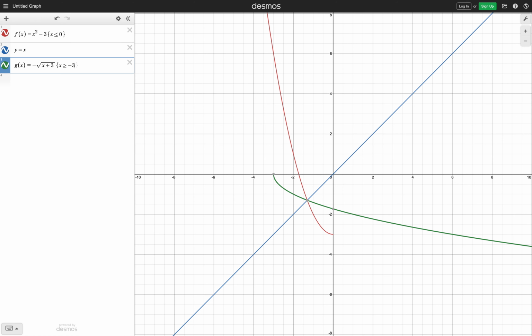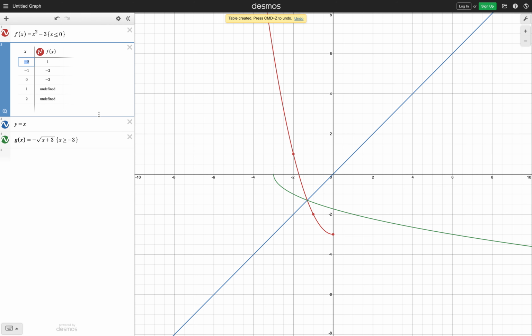A little bit of a redundancy, but I just wanted to stress the restrictions, and take some of the numbers here. So I have negative 3, negative 2, negative 1, and 0.